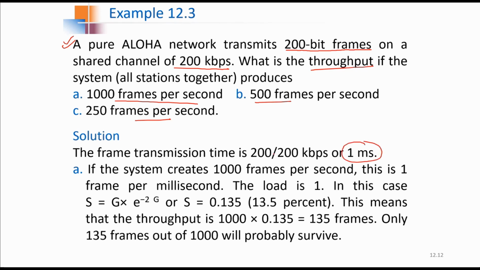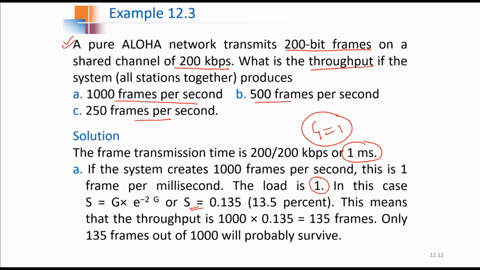So 1 millisecond is for sending one frame. But here it says 1000 frames per second. That means the load is 1, load in the sense G is equal to 1. If G is equal to 1, what will be the value of throughput? If the load is 1, then this will be the throughput, or this is the percentage of success or efficiency basically.